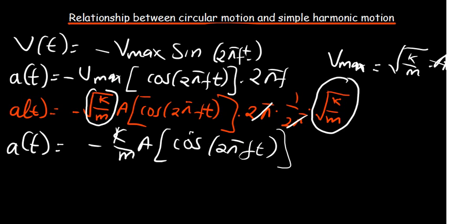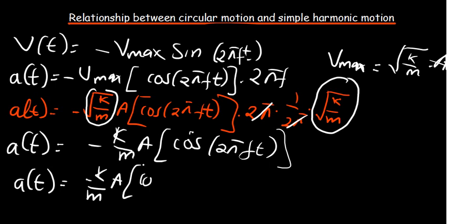Now after having that one, we can just rearrange to say a is negative k over m times A cos of 2 pi ft. Or let me remove the brackets.